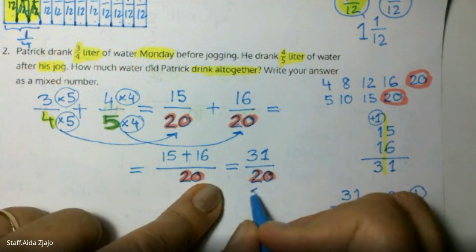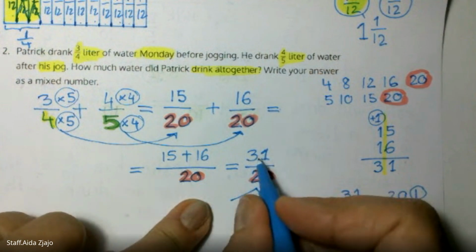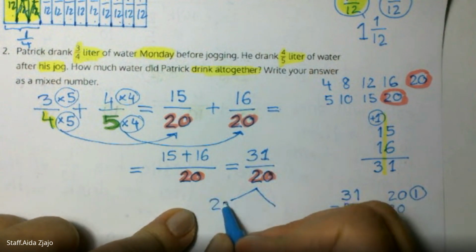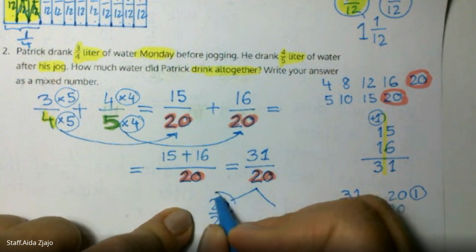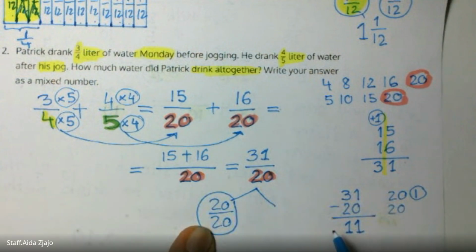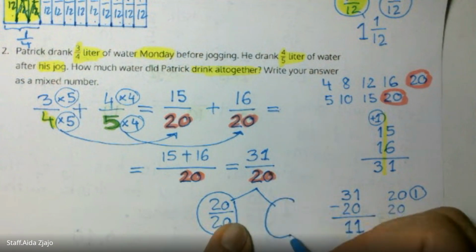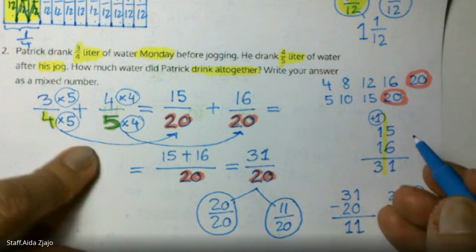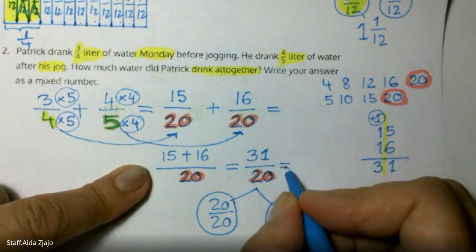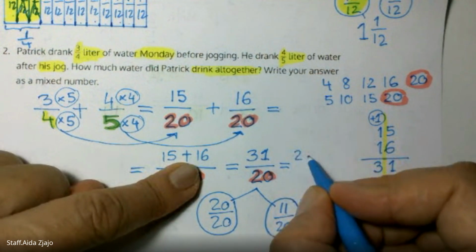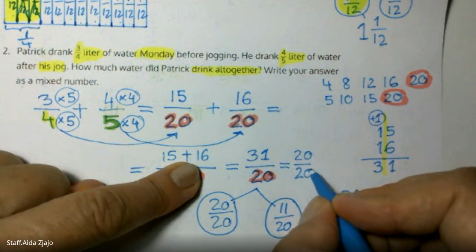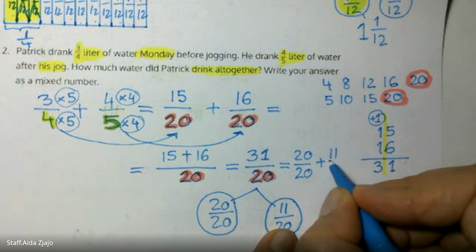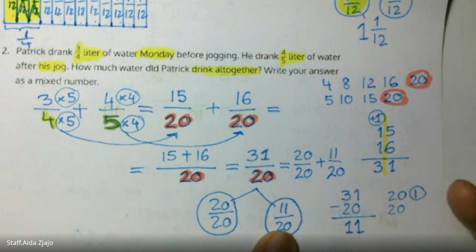So how can I see it as a bond? Here in 31, you have 20 out of 20, which will make a whole. And then you will have 11 20ths left. So you can decompose this into 20 20ths plus 11 20ths.